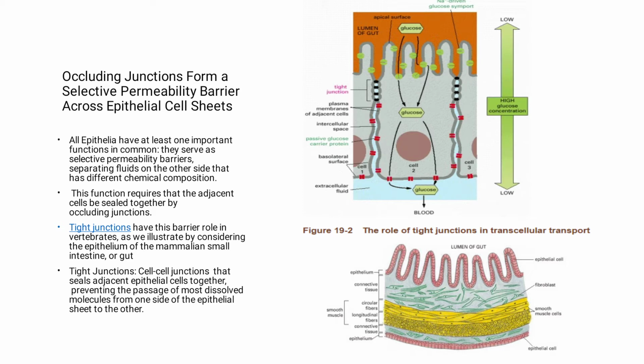As we can see here, the tight junction is what divides the apical surface and the basolateral surface. This division is very important since it functions to avoid mixing of the molecules of the two regions.